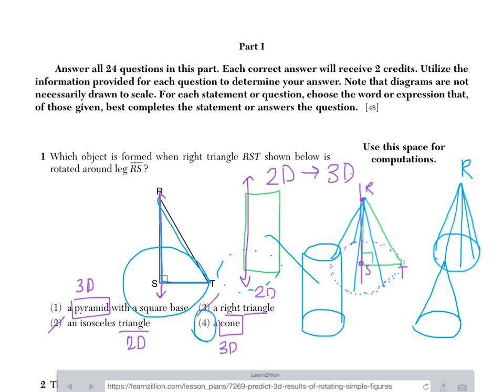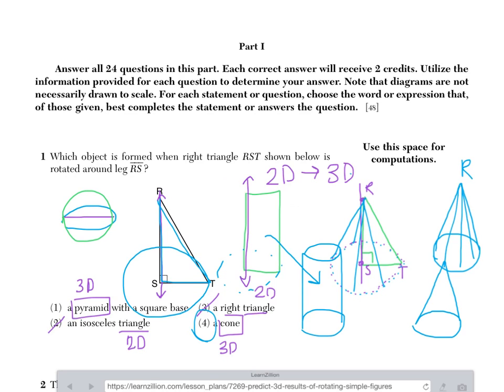So again, if we start with a rectangle, we end up with a cylinder. If we start with a triangle, we end up with a cone. If you start with a circle and you rotate around a line segment through it, you end up with a sphere.